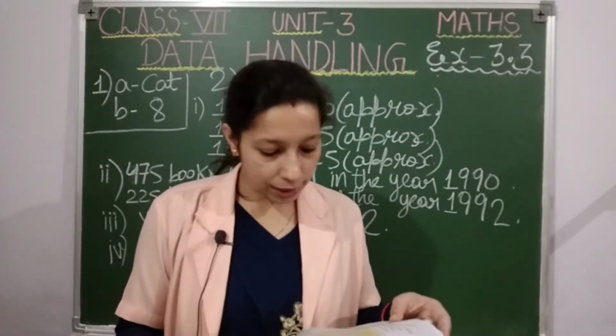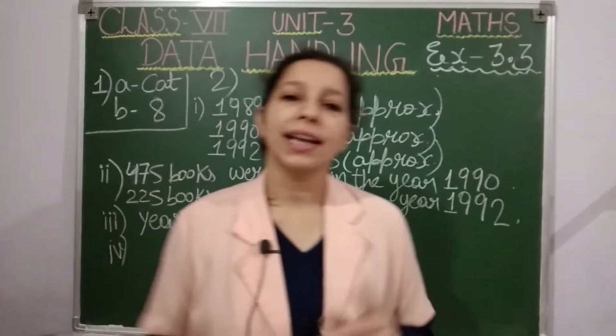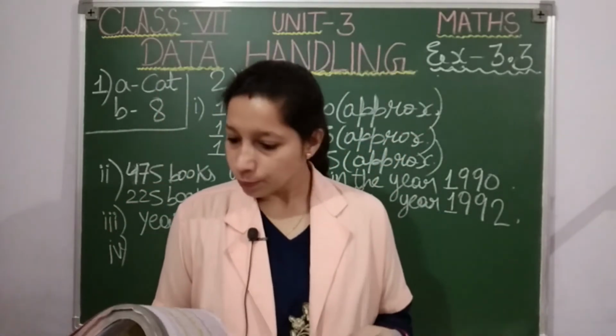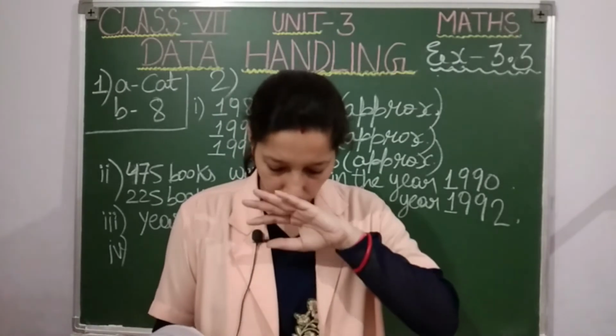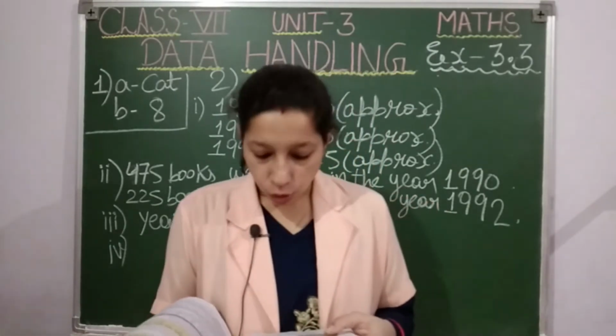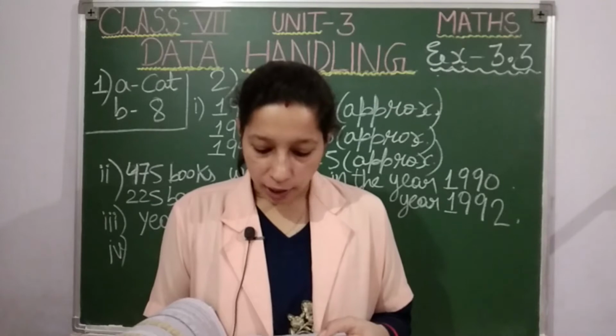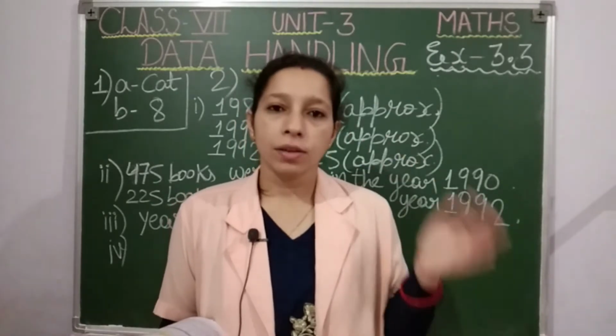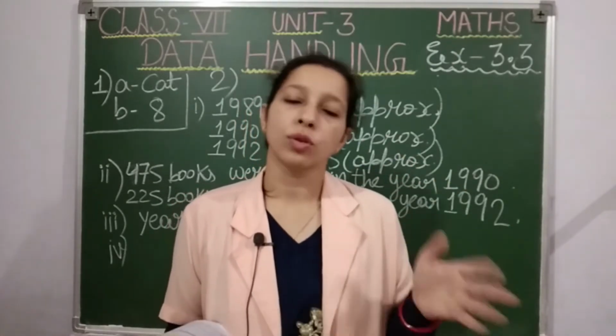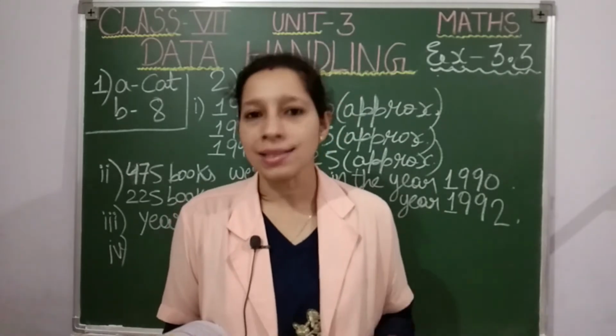Fourth point: can you explain how you would estimate the number of books sold in 1989? How have we estimated, students? Because we know that 1 centimeter is showing 100 units. For the year 1989, we can see the bar is near to 200. So that's why we have estimated it as 180.